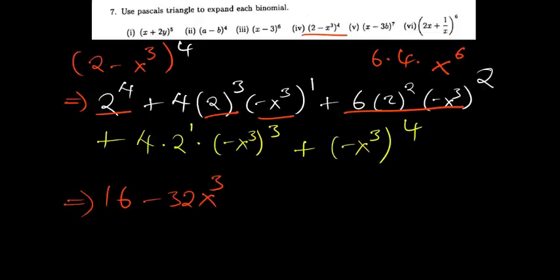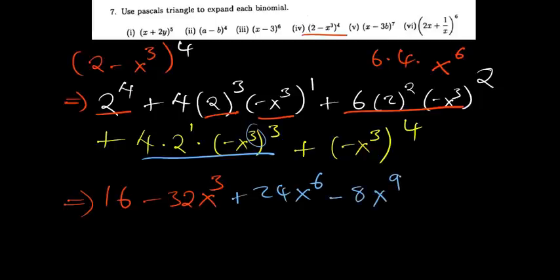Yeah, so I have positive 24 x to the power 6. This is going to be a negative, but the power will be the power 9. 4 times 2 is 8. Negative 8 x to the power 9. This is going to be positive x to the power 12.